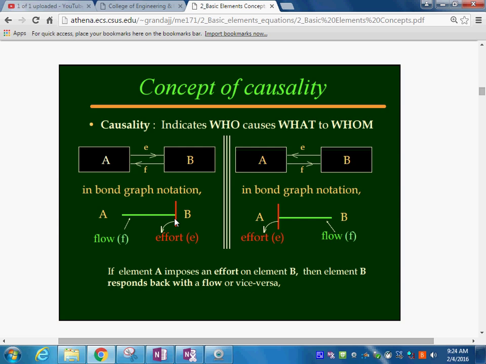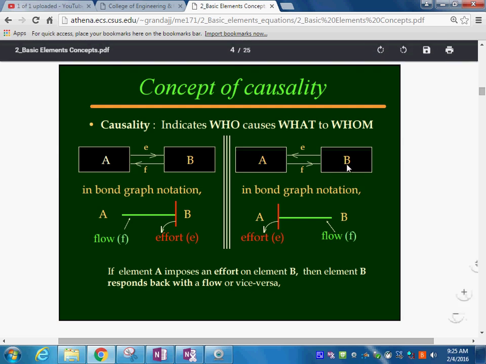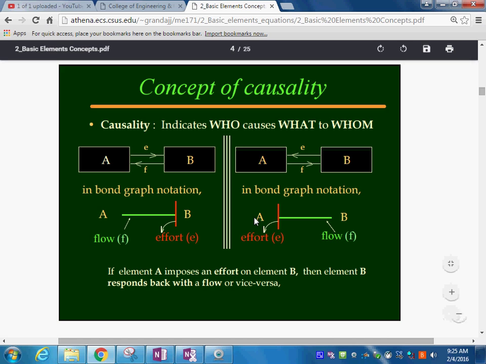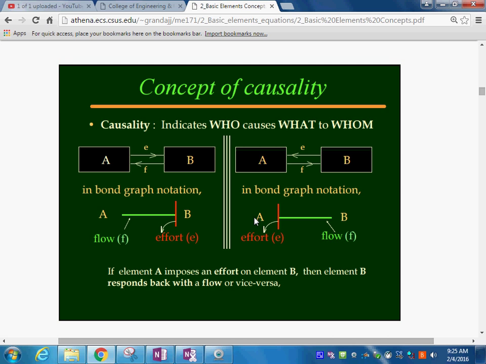Then it's obvious that A is applying some force on B and B is responding with a velocity. The force is the red line, and the response, the velocity, is this green line. If you have this situation, you have the reverse: B pushes on A and A responds with the velocity. That's what is on the right-hand side.